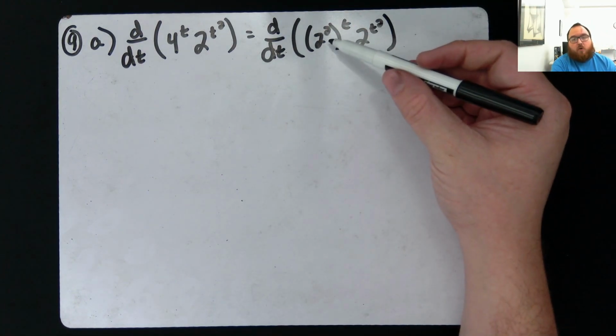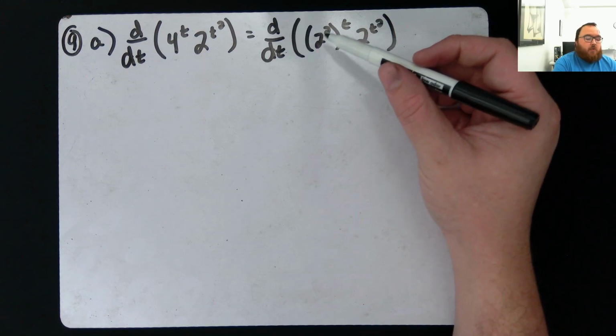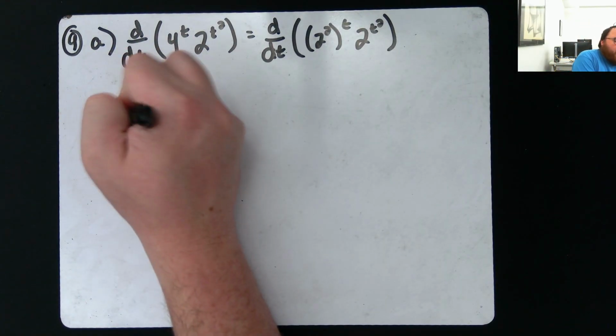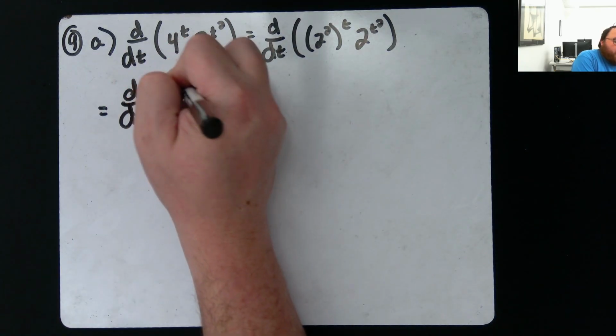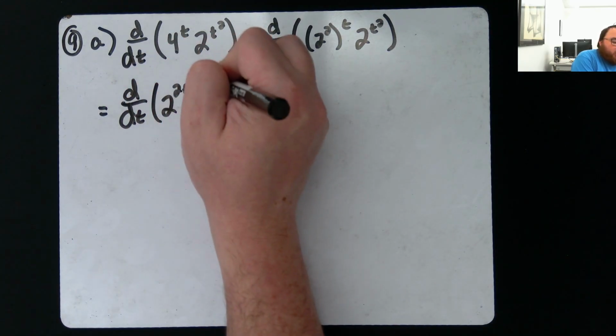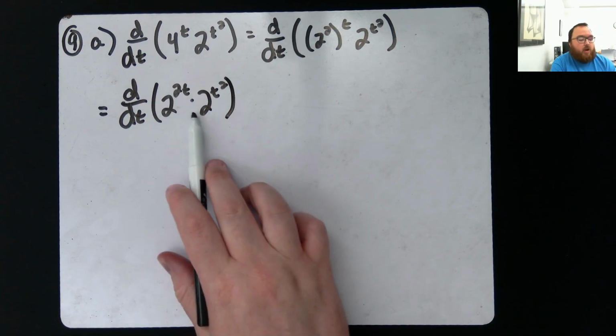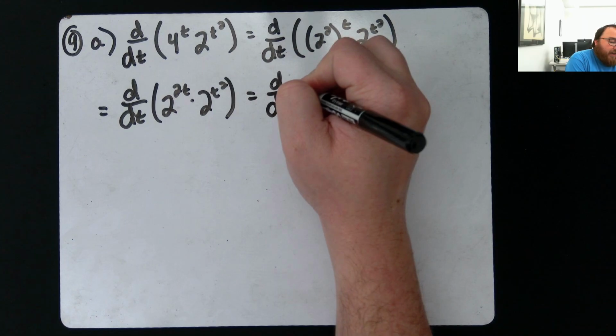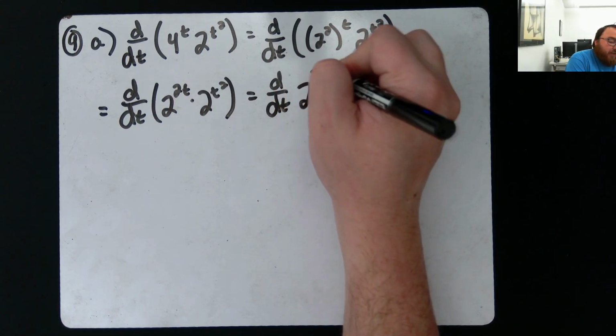Now I have a power to a power, which means I would just do 2 times t. So this is the same thing as the derivative of 2 to the 2t times 2 to the t squared. Since this is a product, I can add the powers and make it 2 to the 2t plus t squared.